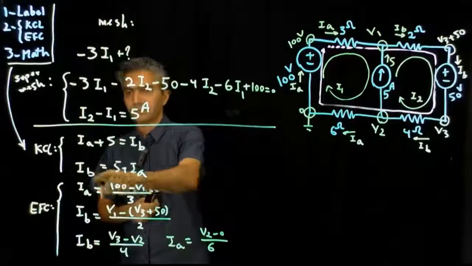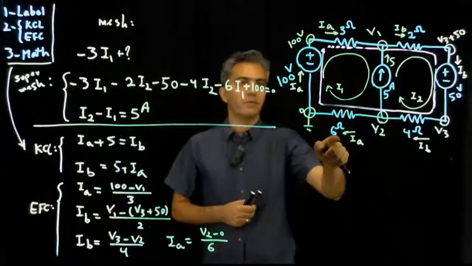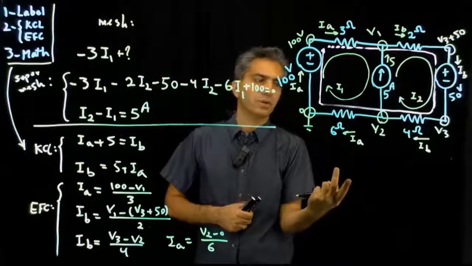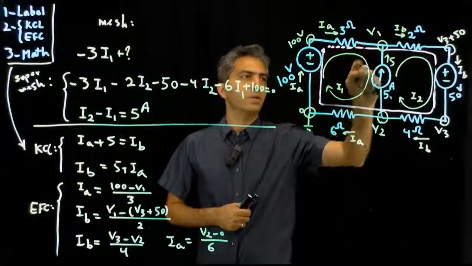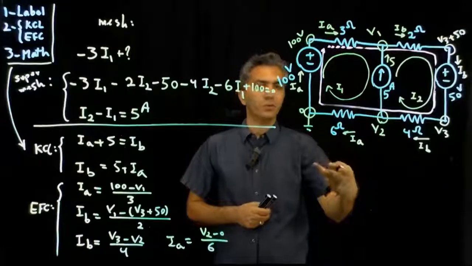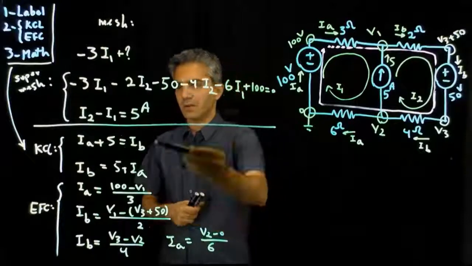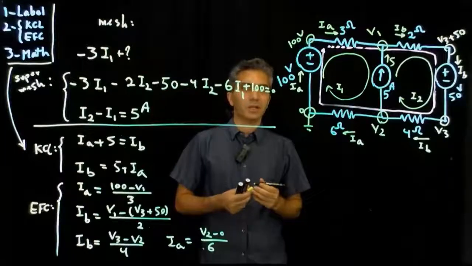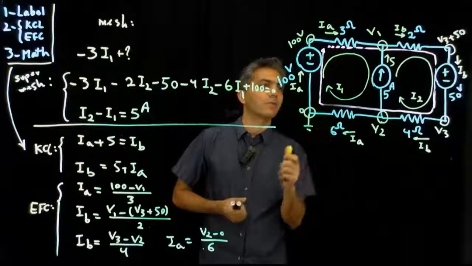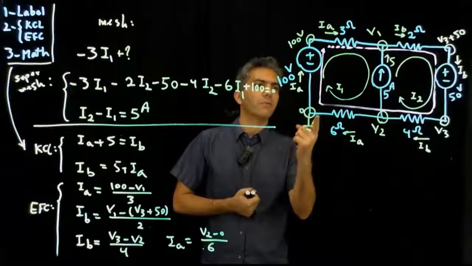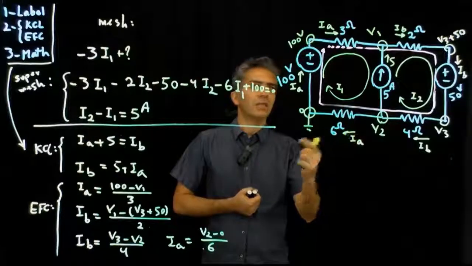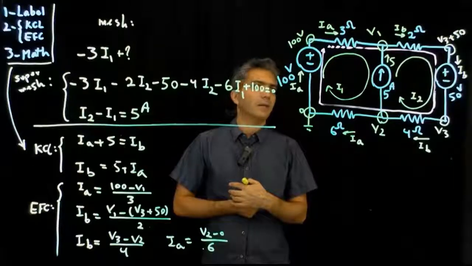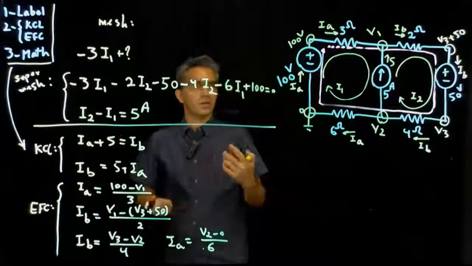So let's count the number of unknowns. IA and IB are the two current unknowns, and V1, V2, and V3 are the 3 voltage unknowns. So a total of 5 unknowns, and I have 1, 2, 3, 4, 5, 6 equations, which is more than I really need. Let me make sure that I counted everything correctly. I think I did. We have V1, V2, and V3 as the voltage unknowns, and IA and IB as the current unknowns.